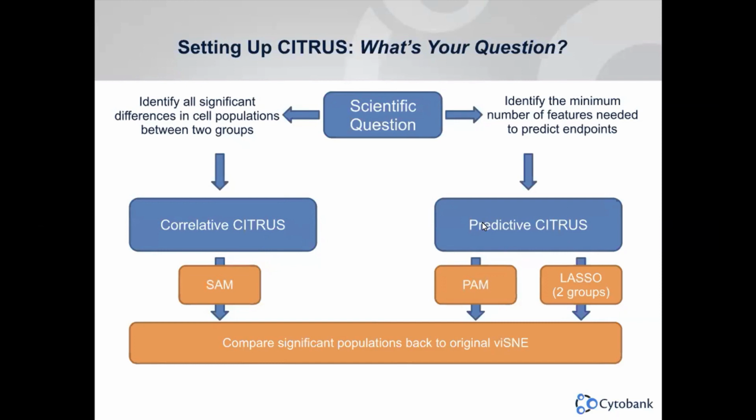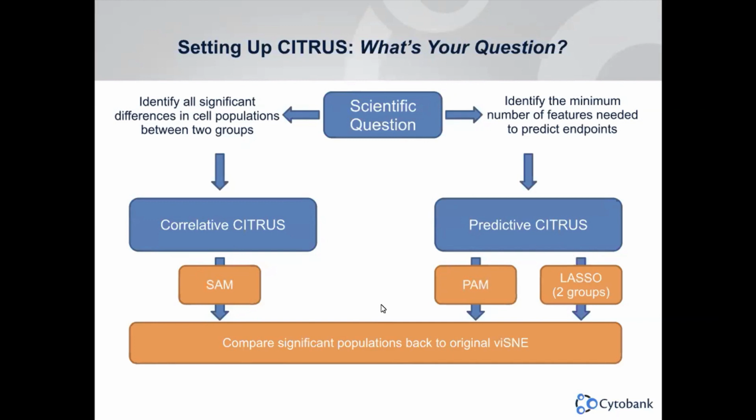An example of that would be cancer patients treated with immunotherapy. If we are trying to identify all the differences between the responders and non-responders, you may run SAM. Or if you're trying to identify the minimum number of biomarkers or cell subsets that can tell which sample belongs to the responder group or non-responder group, we can use the predictive model.